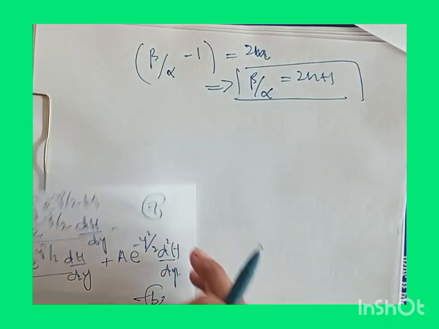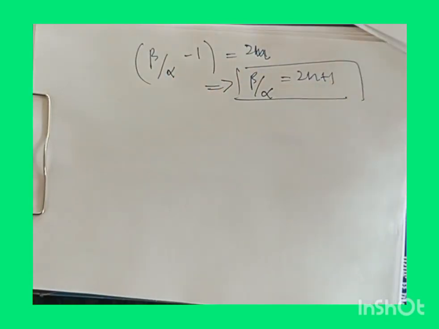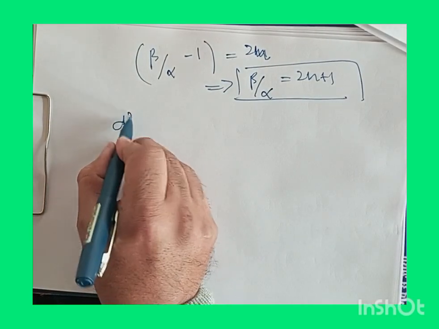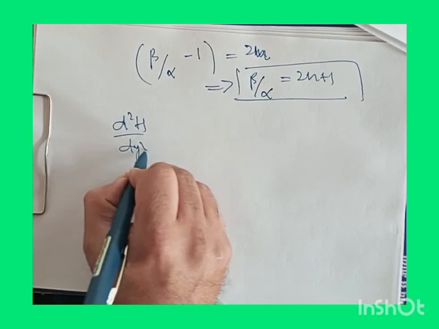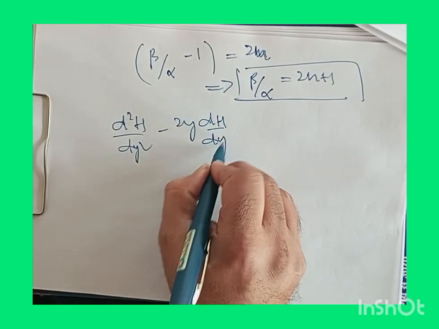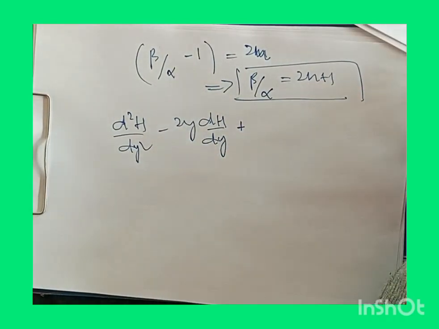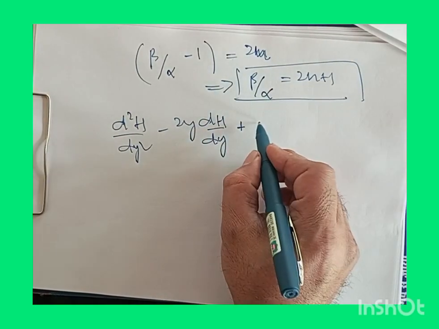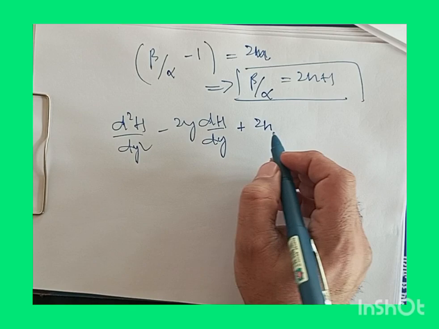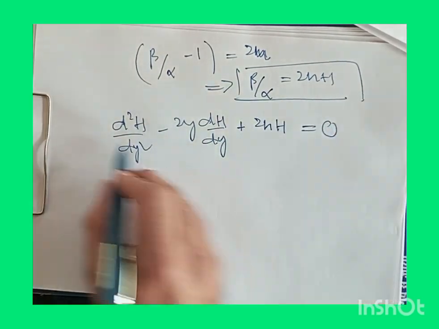There should be no problem with that. And so how can I write down this equation then? This equation is d2h by dy2 minus 2y dh by dy plus, for beta by alpha minus 1, I'm taking 2n, so 2nh, is equal to 0.